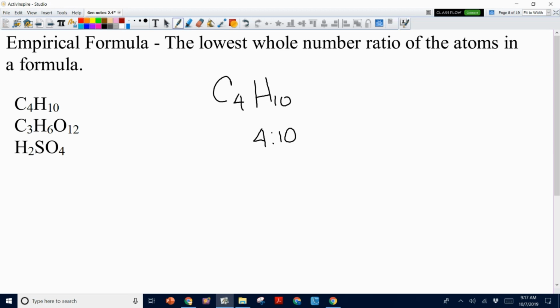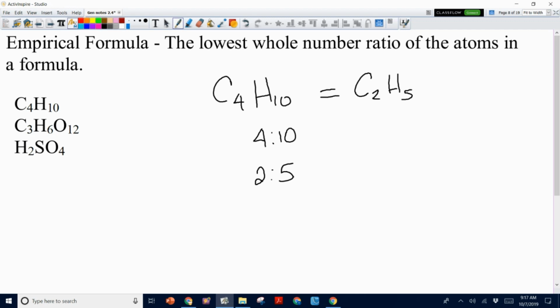Well, 4 and 10 are both divisible by 2. So let's reduce this. That's going to be 2 to 5. Now, can this be reduced anymore? No, it can't. So the empirical formula for C4H10 is going to be C2H5. That's called an empirical formula when you get the lowest whole number ratio.